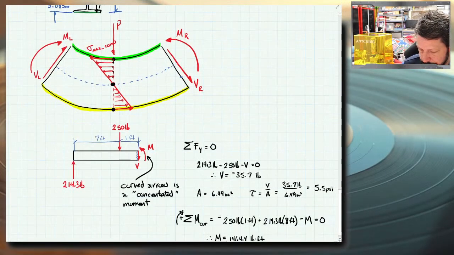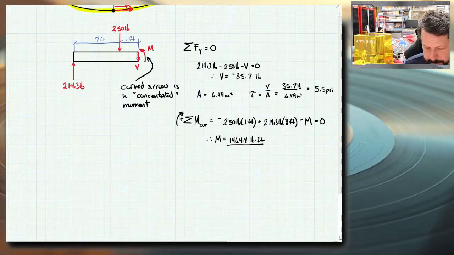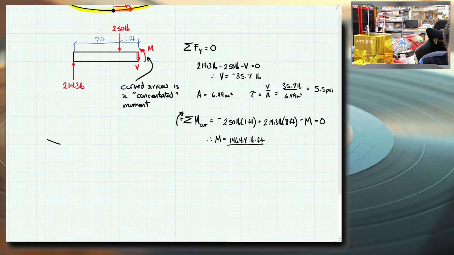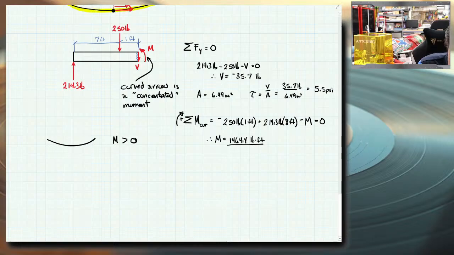What this does is, before we calculate our bending stress, I want to show this. We have a beam in bending with M greater than 0. So it's positive, in other words.